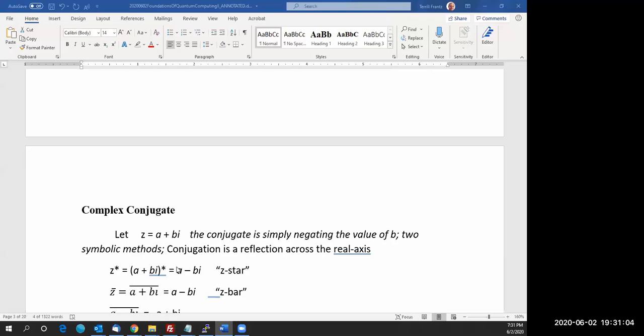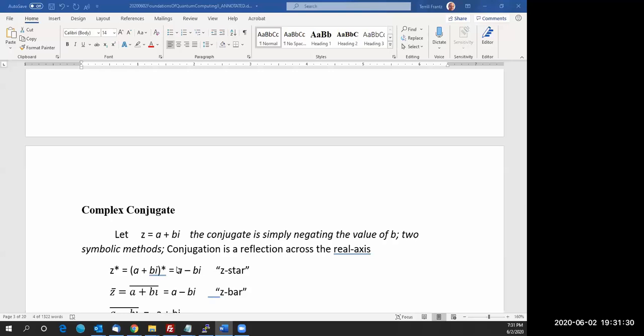So let me end the poll and I'll share the results. We got 9 got it right, which is good, and 1 got it wrong, which is fine. So whoever got it wrong, I probably think that you will never forget that the star is conjugate.